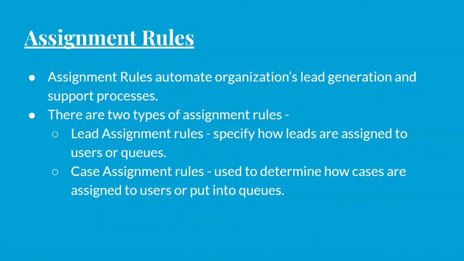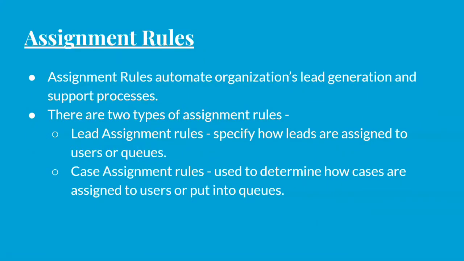When you create a case record, you want it to be routed to a particular set of agents, a particular team, or a particular person. If the case is of high priority, this person or this team should look into it. This kind of rules, which help you determine to whom the lead or case should be assigned, are called assignment rules.